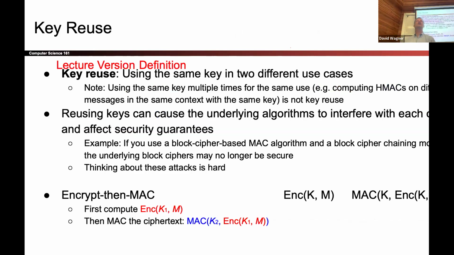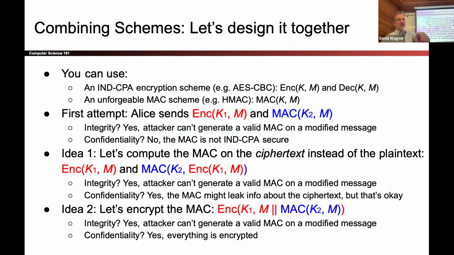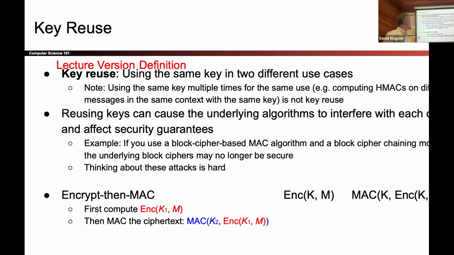A little note about encrypt then MAC. You'll notice that in these slides, I had two keys, a K1 and a K2. And that's because, a little technical detail, you should not use the same key K for both encryption and for computing the MAC tag. It sounds like it'd be really convenient to do, but it turns out that can mess up security in some cases. That's called key reuse. And the cryptographic design principle is just don't do that.